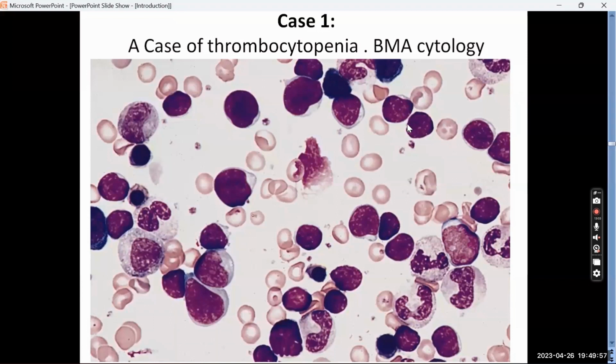So what are these? By morphology, anyone want to take it up? Anyone? Should I unmute anyone? If you want to answer, you can put it in the chat box, or you can unmute yourself and say. Sir, some are myeloid, some look lymphoid. Perfect.